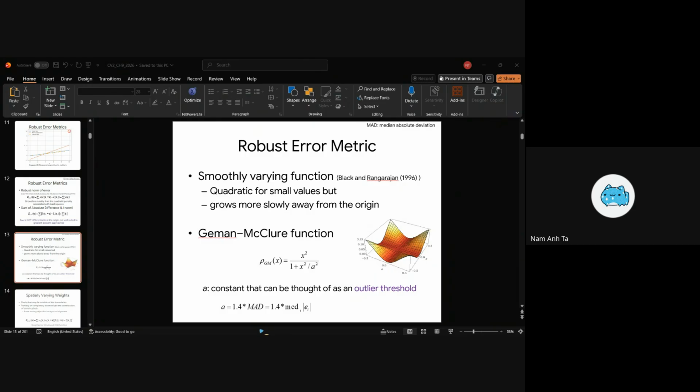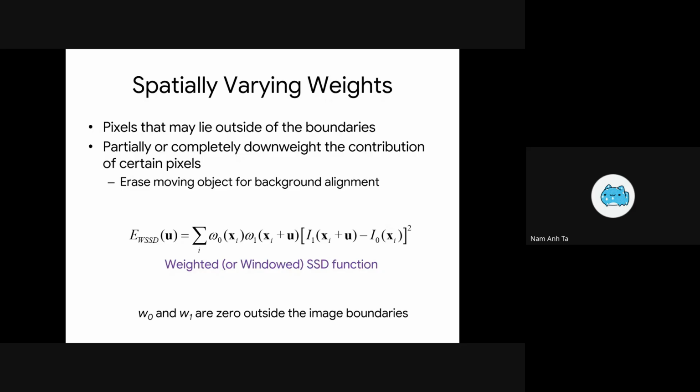Okay, so I will continue from this. By using the median instead of the mean, our threshold will become more resistant to noise. So this will allow the model to adapt to the actual error distribution of our data. To make our estimation even more robust, we will use the weighted SSD.